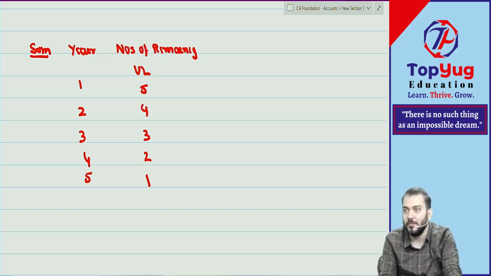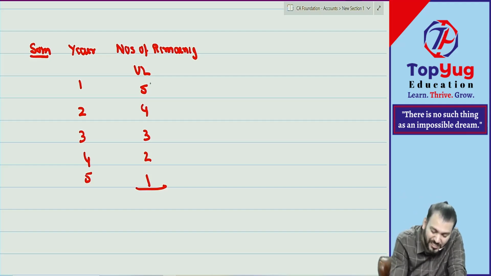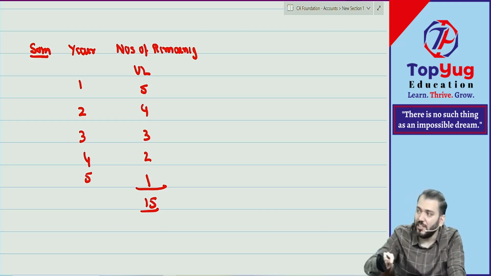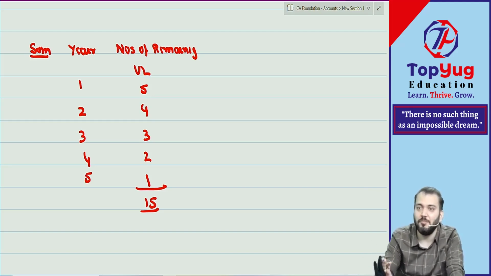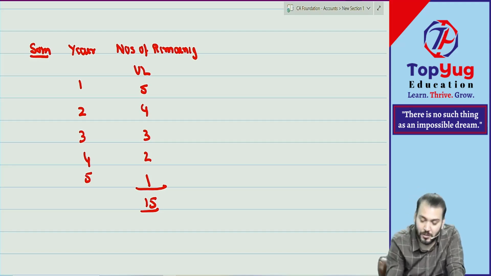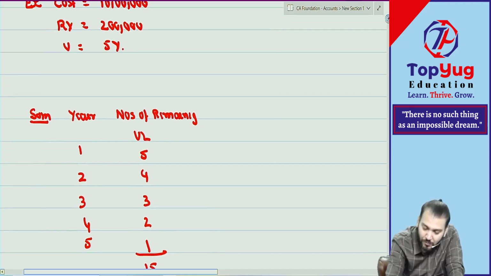Understood? What is the total of these digits? 15. Means first year depreciation will be 5 by 15, then 4 by 15, then 3 by 15, then 2 by 15, then 1 by 15 on depreciable amount. If you read the formula now, you will understand what they have given.